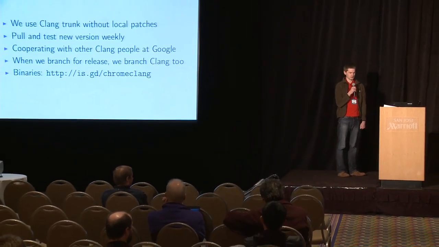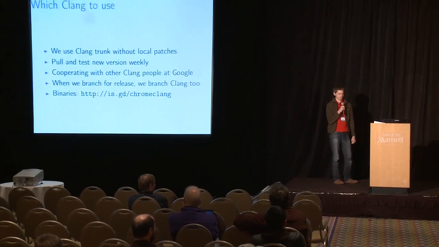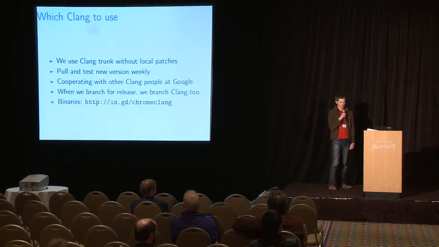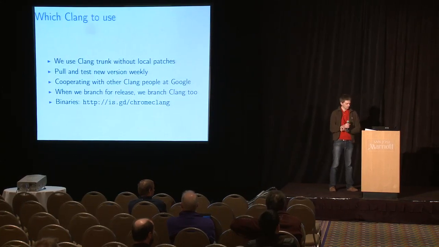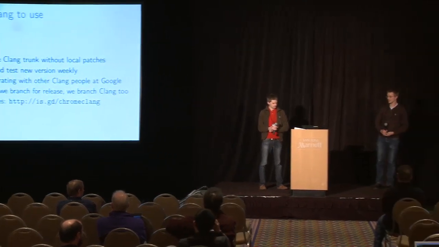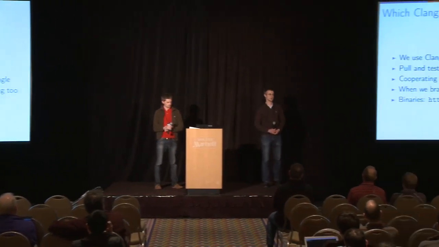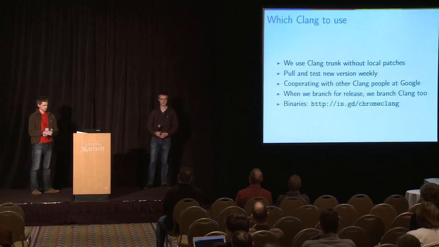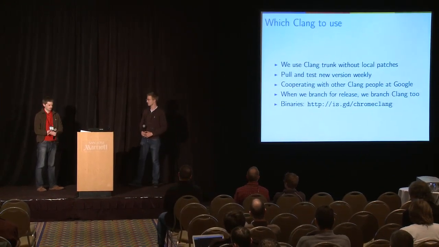Then all our developers' machines and build bots pull this in automatically and use it for that week. Another advantage is that we help Clang, we'd like to think, because we find bugs in Clang pretty quickly after they're introduced, so at least serious crashes we find pretty reliably, I think.